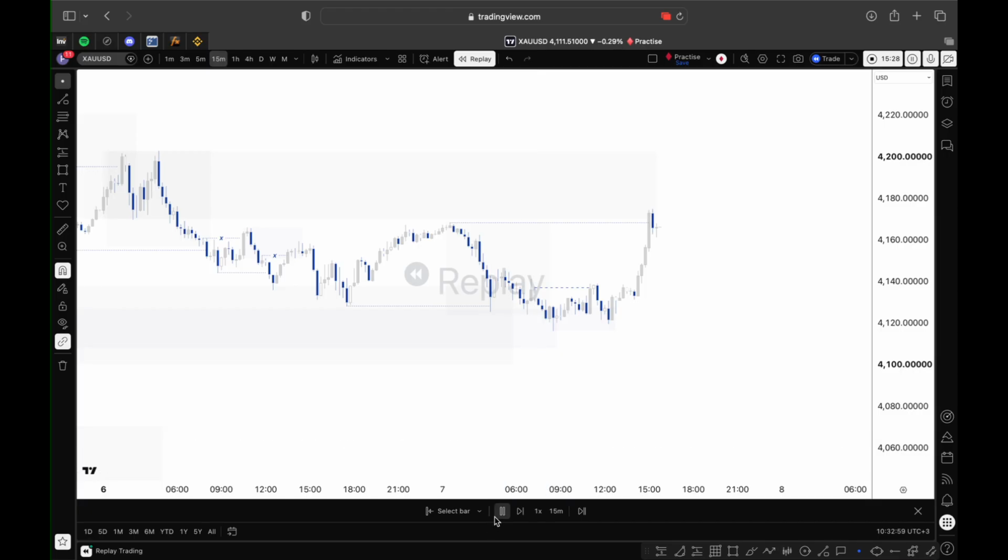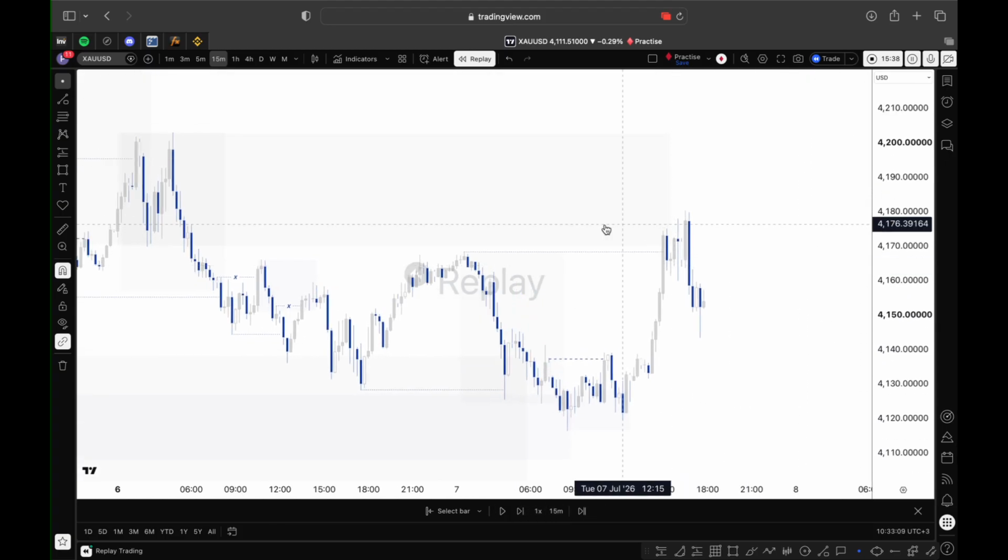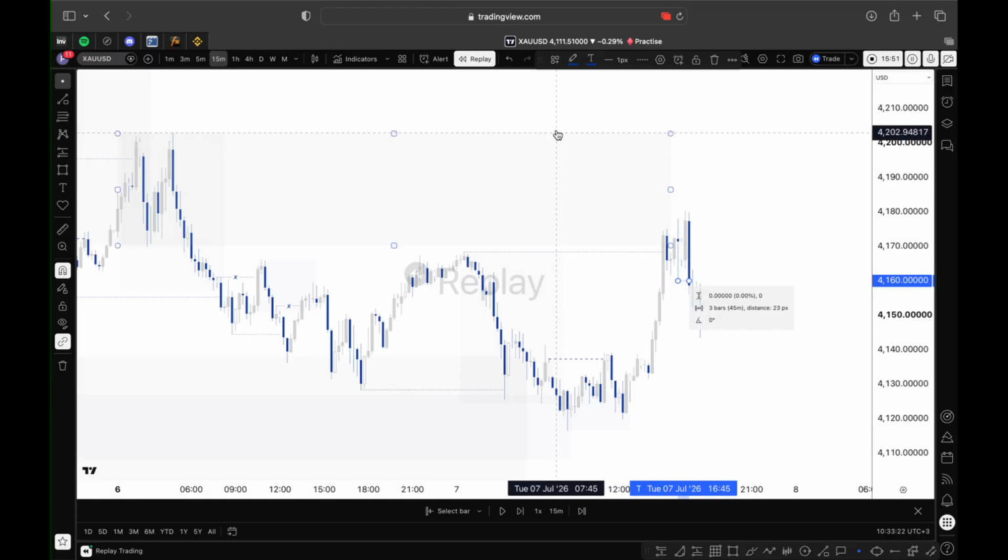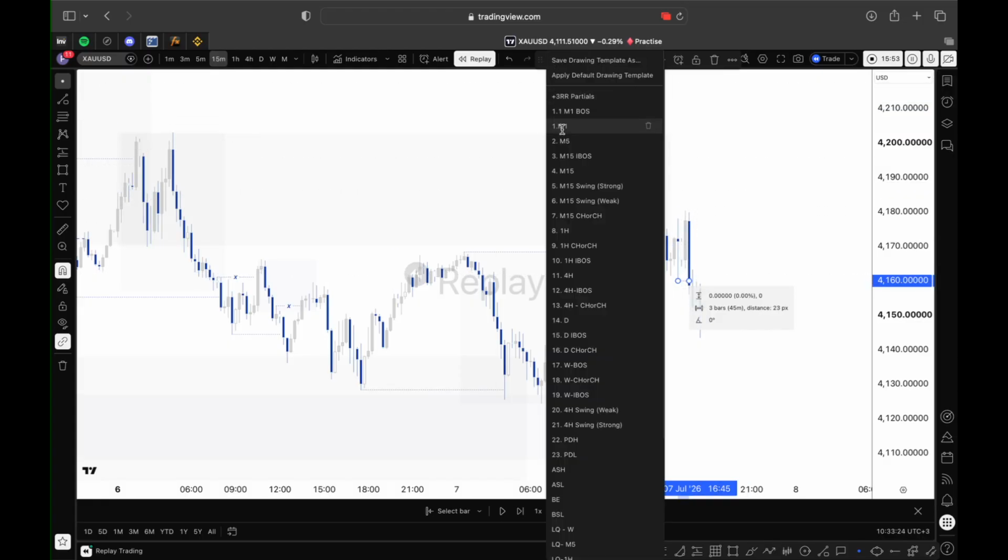So we are having a bit of reaction. Okay, yeah, this will have been an interest. You can see we are sweeping this high and immediately having now a bearish change of character there. It's actually the inside bar there, but can't draw from there since it's very inside.